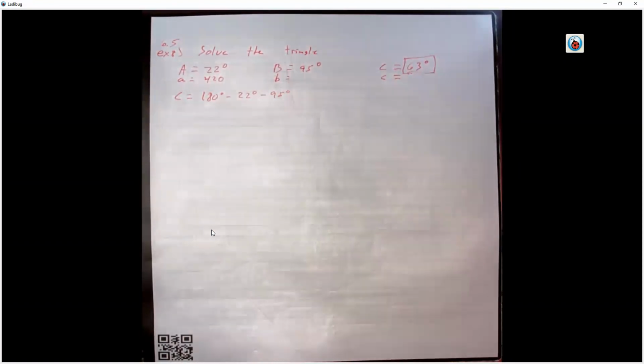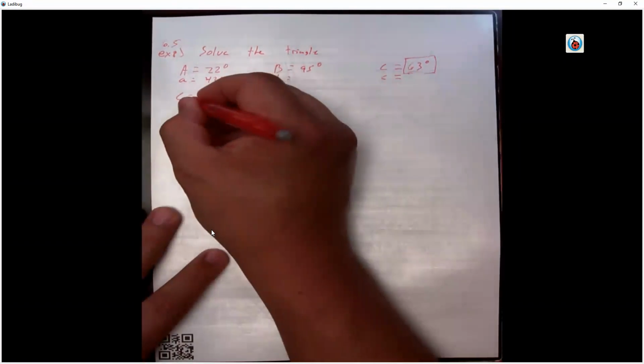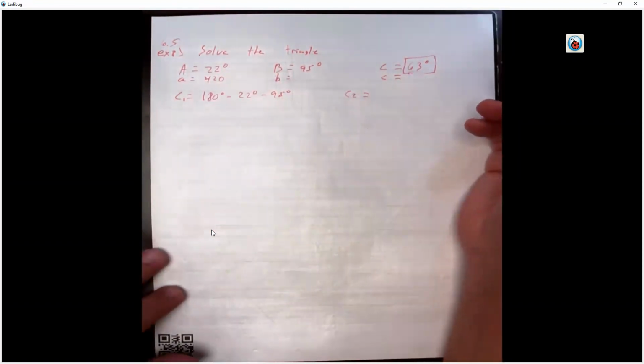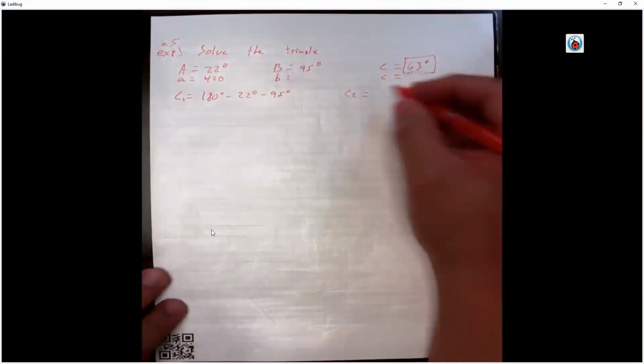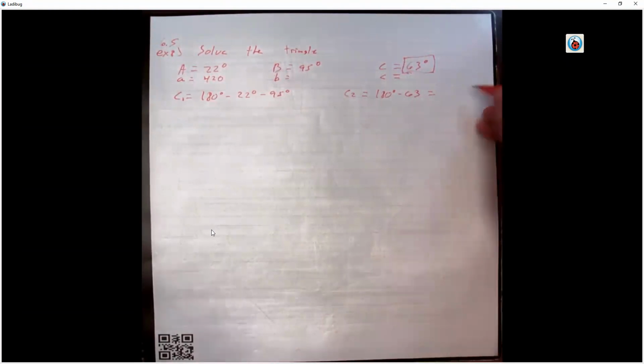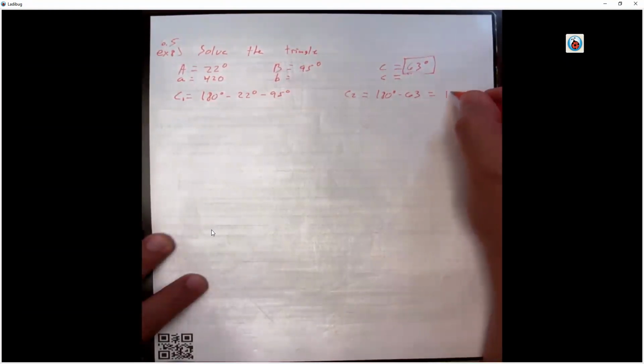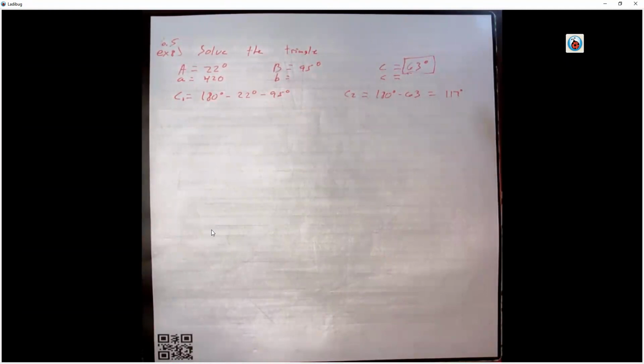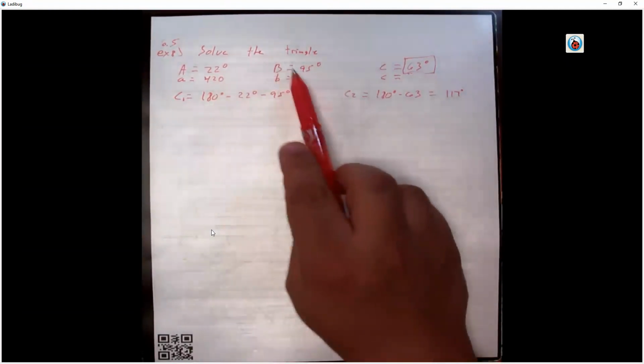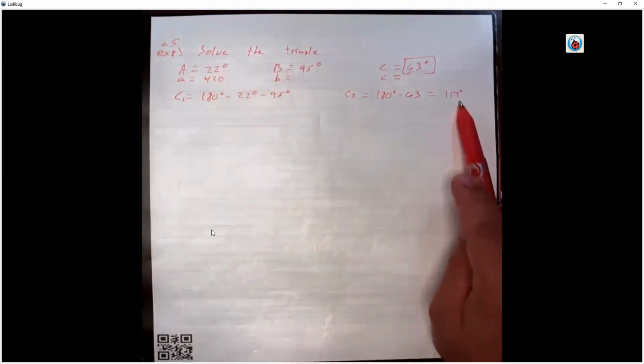Now, if we had said, I don't know if there are two triangles or not, let's pretend you had no idea. 180 minus 63 would be the other possible angle. If I add 22 and 95 to this one, is that below 180?